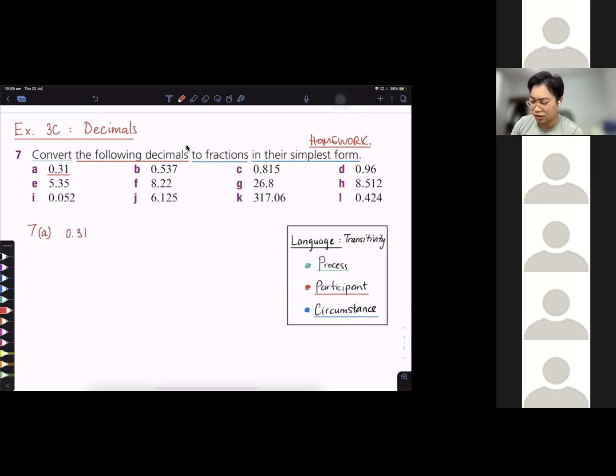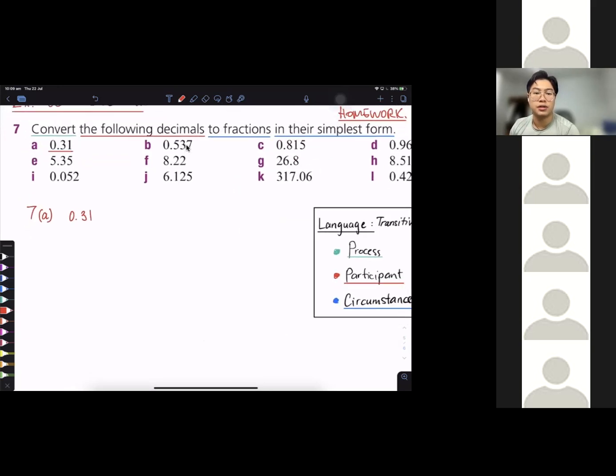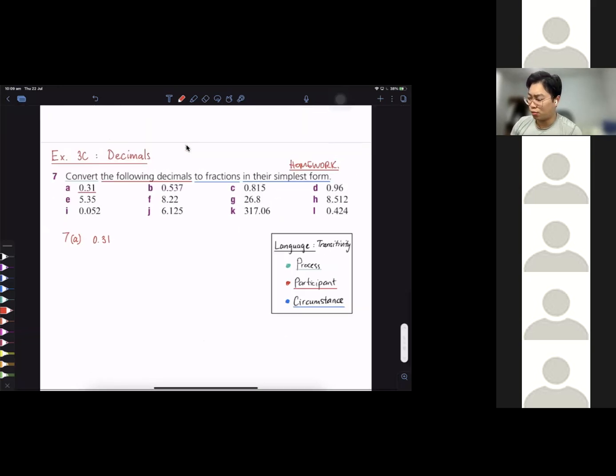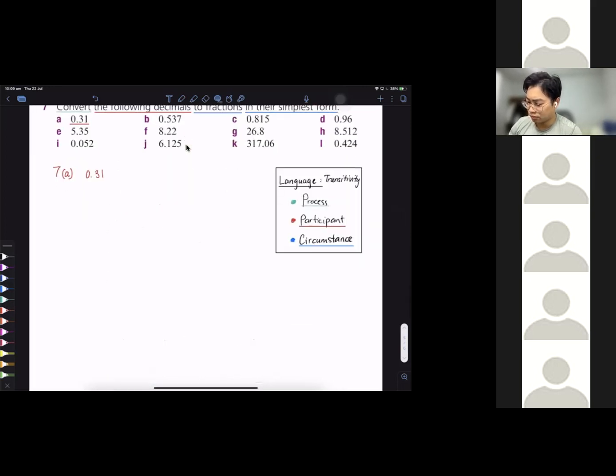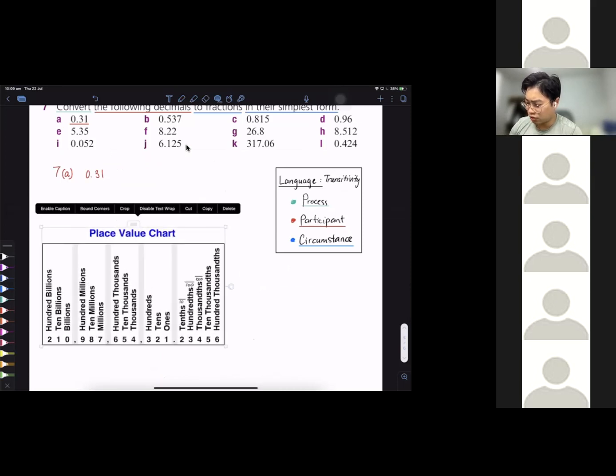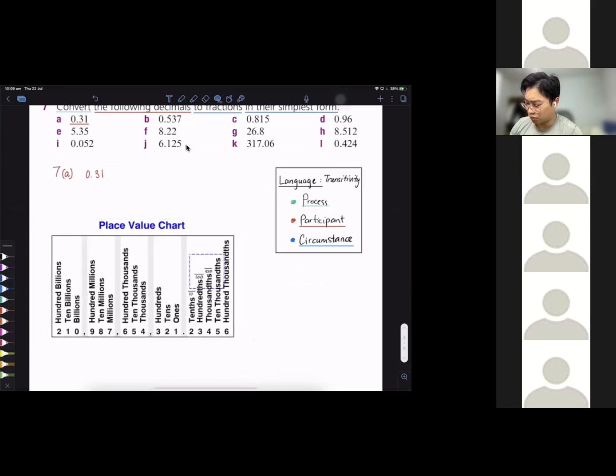So if we have a look at this decimal here, 0.31, I'll pull up this place value chart once again. You can use your place value chart to help you answer these questions.